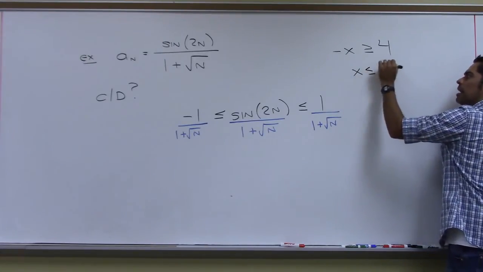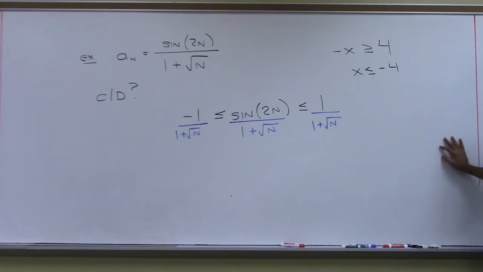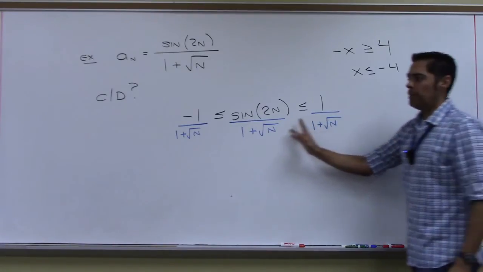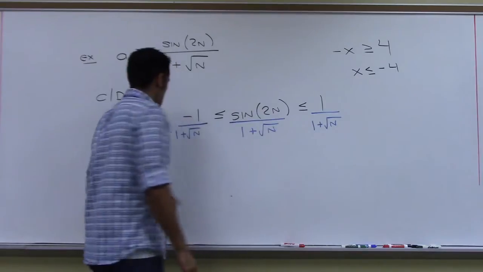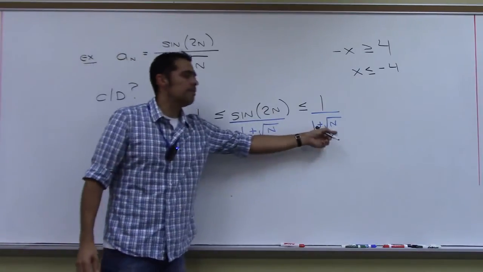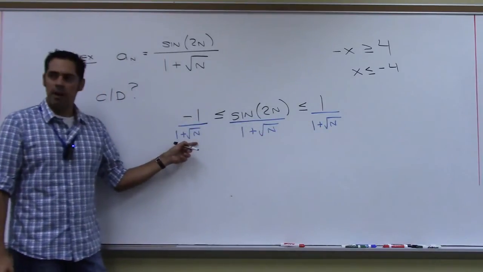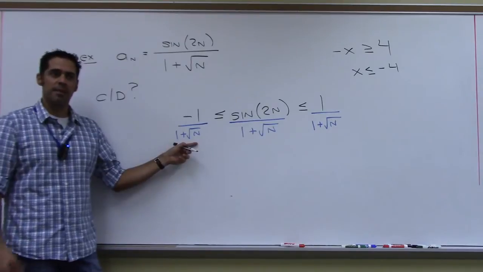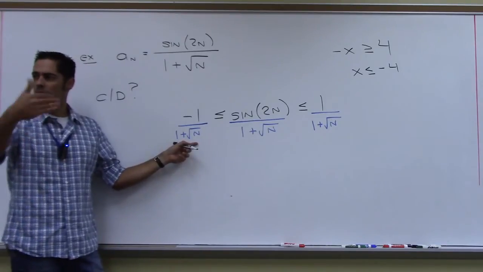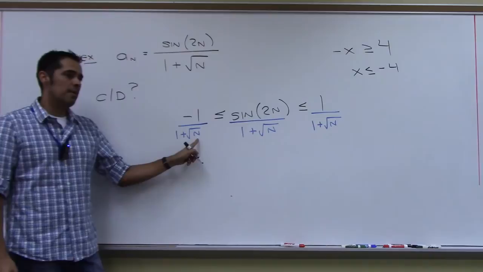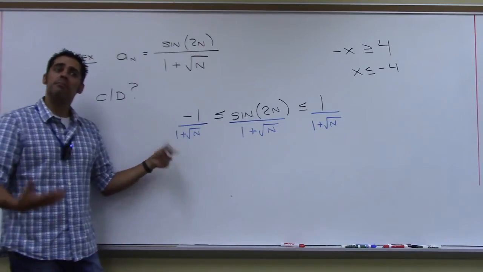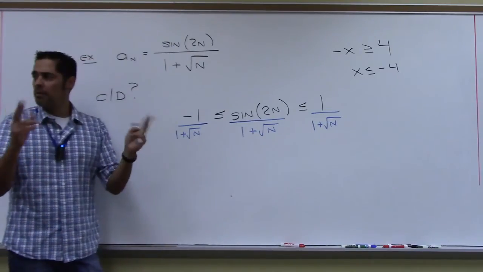Less than or equal to -4. Do I need to worry about the flipping here? Did I divide by a negative or a positive number? Positive, guaranteed? Yes, because n is a positive number, right? n is 1, 2, 3. So I know the square root of n is going to be positive, plus 1's positive. So I don't have to worry about the flipping of the inequality, right?